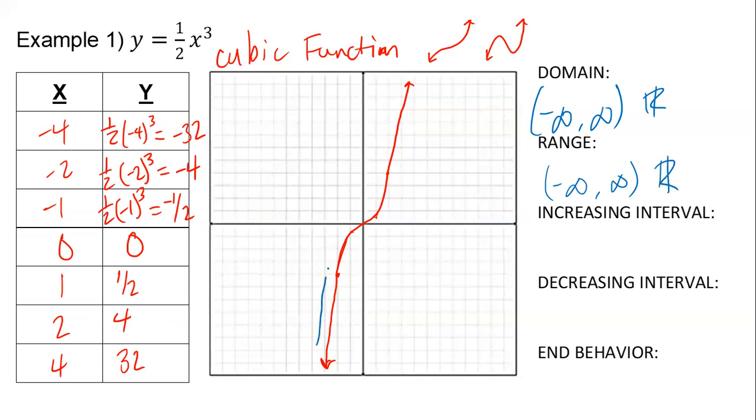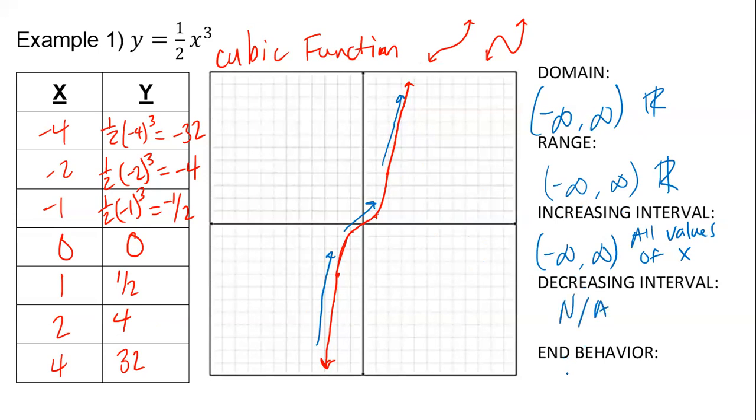So if I look here, I'm increasing, I'm increasing, I'm increasing. So my increasing interval is all values of x, right? So that means forever I'm increasing. So from negative infinity to positive infinity, all values of x. And I have no decreasing intervals.